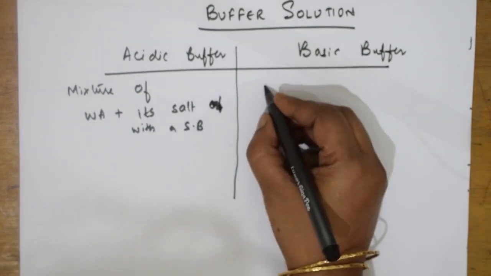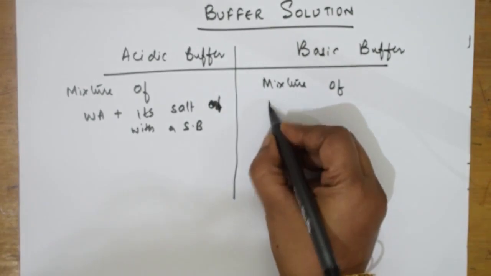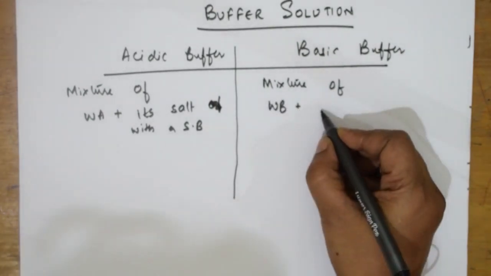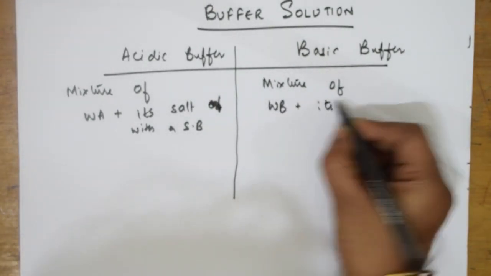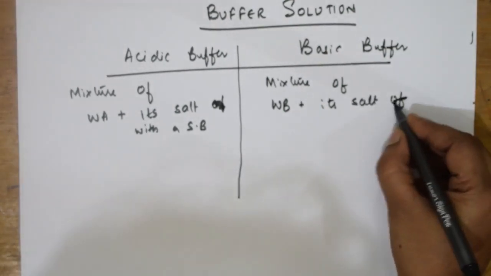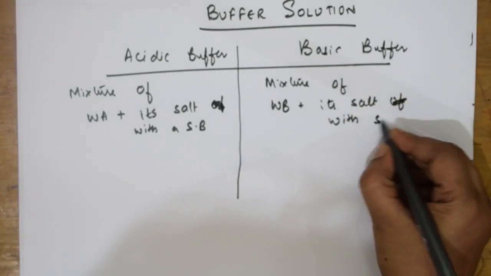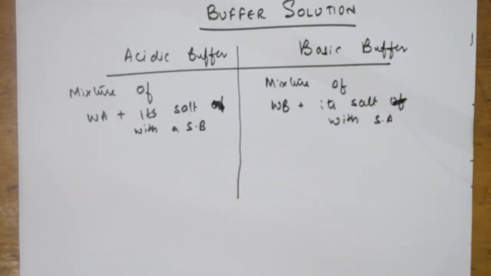What is a basic buffer? A basic buffer is a mixture of a weak base and its salt with a strong acid. Remember this.